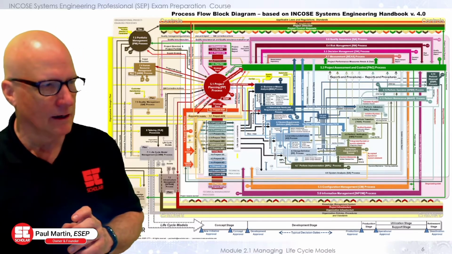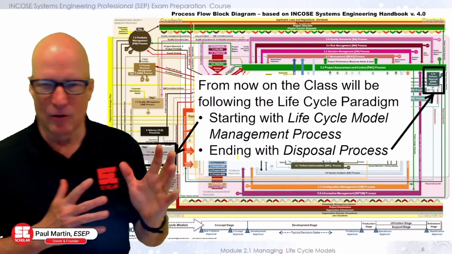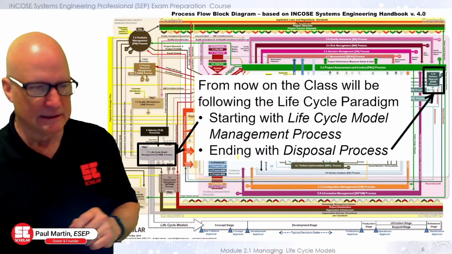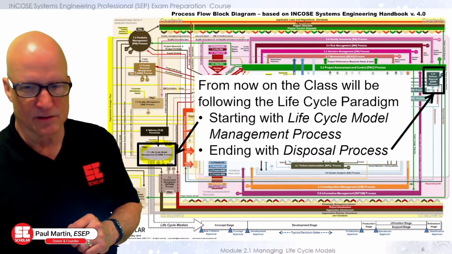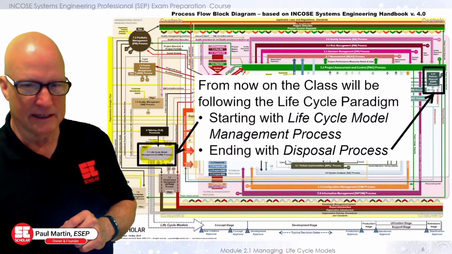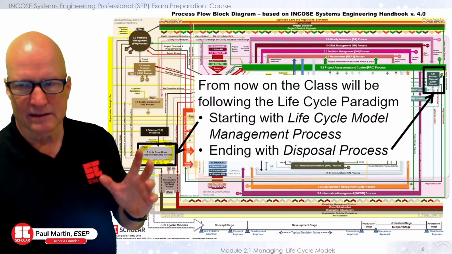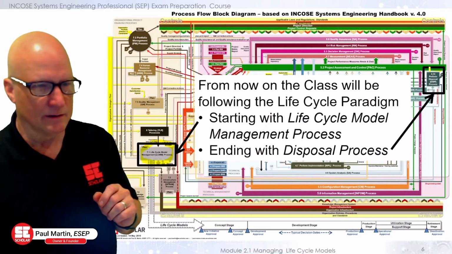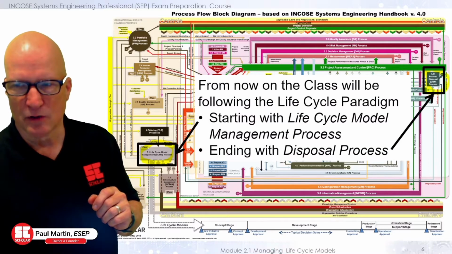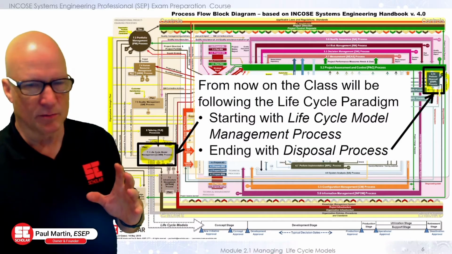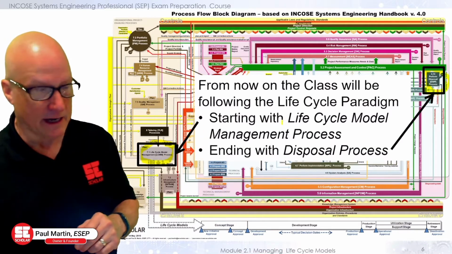From now on, I'm going to be following the chart, and we're going to start with your life cycle model over here, which is part of the organizational enabling processes. And we're going to end with the final technical process over here, which is the perform disposal process. So we're going to start this now.